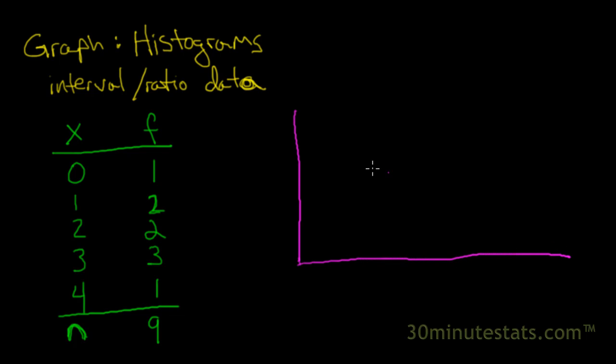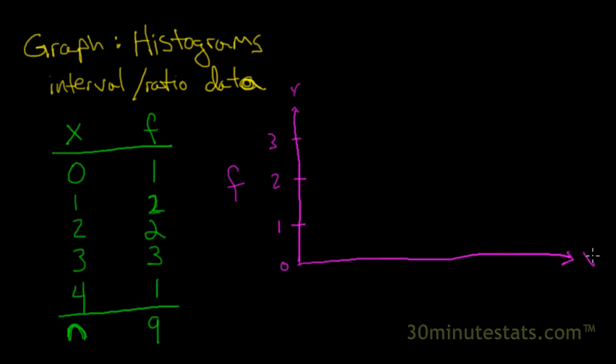And so I'm going to draw a graph here. And on the y-axis, we're going to have our frequencies. Okay, and we can see that the frequencies, looking at this column here, range in value from 1 to 3. So we'll go ahead and put the 0 down here at the origin. And then we'll have a 1, a 2, and a 3 going up the y-axis.